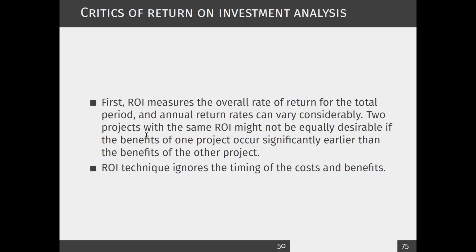Now, the first thing we can see: ROI, return on investment, measures the overall rate of return for the total period. And annual return rates can vary considerably. Two projects with the same ROI cannot be equal or desirable if the benefits of one project occur significantly earlier than the benefits of the other one.